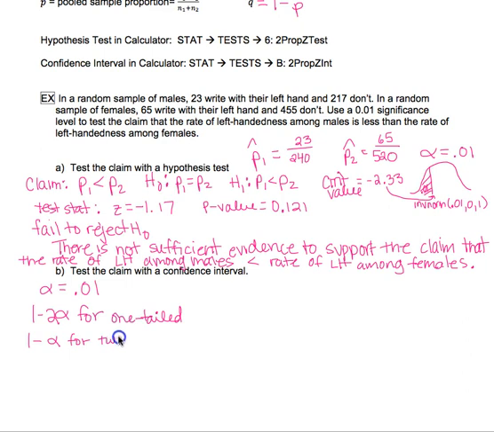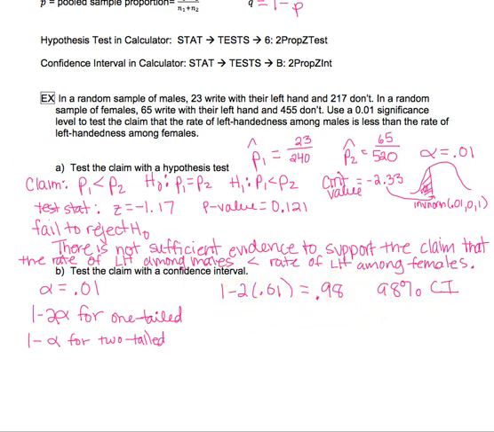So it's kind of the opposite of what we would traditionally think. You would think two-tailed would have the 2, but it's the opposite here. So in this case, to find our confidence level, we do 1 minus 2 times 0.01, which gives us 0.98. So we are creating a 98% confidence interval here.